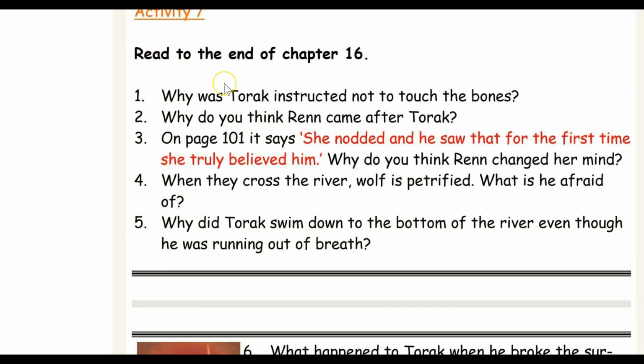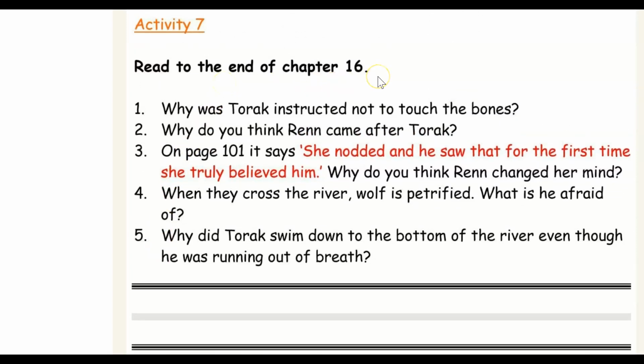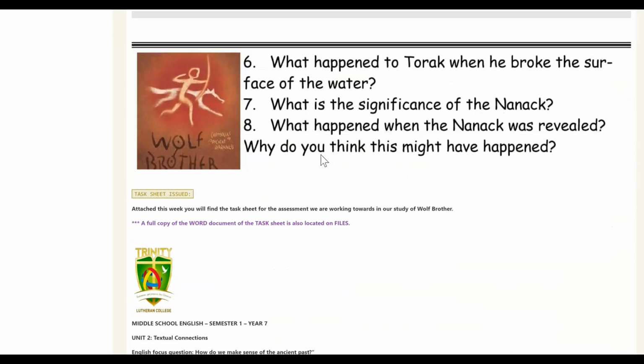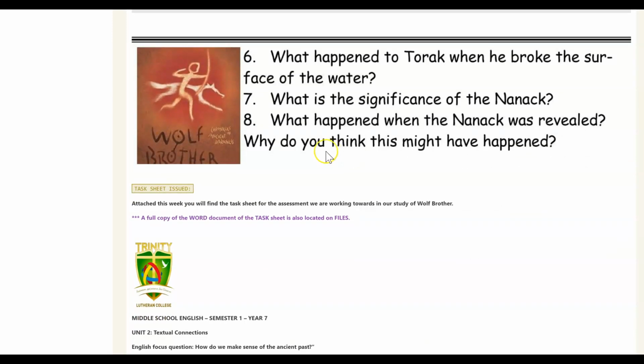You'll need to have read to at least Chapter 16 in this part of the text to answer these questions. Again, make sure you answer in full sentences and use quotes from the novel in order to ensure you show your understanding of the book. This is to help you explain your answer. You'll then have some further questions up to question 8.